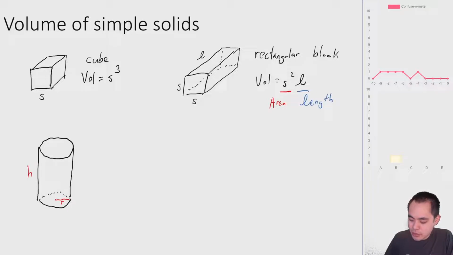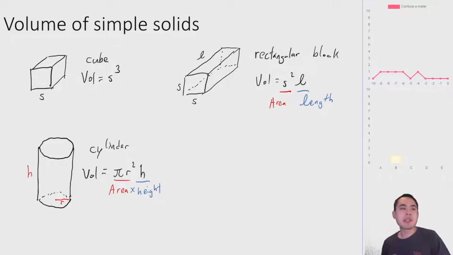For the cylinder, we know that the volume is equal to pi r squared, because that's the area of the base, times the height, which is going to be h. Okay, so that's all well and good.